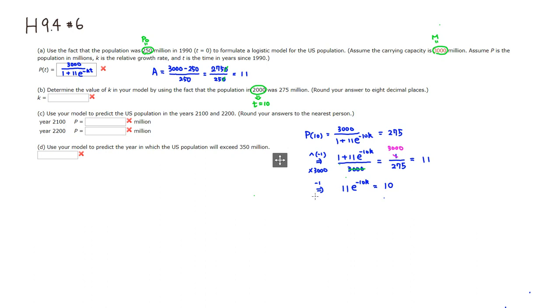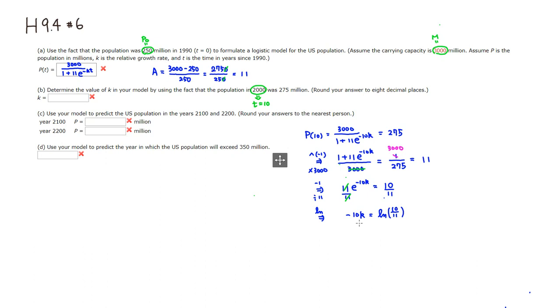Then we divide through by 11, canceling the 11s. The next step is to take the natural log of both sides, so negative 10k equals the natural log of 10 over 11, a negative number because 10 over 11 is less than 1.